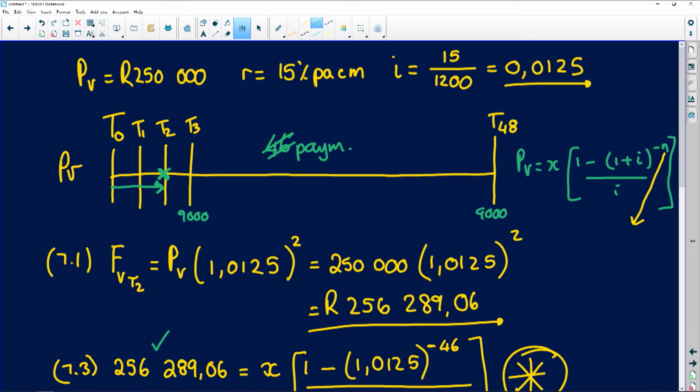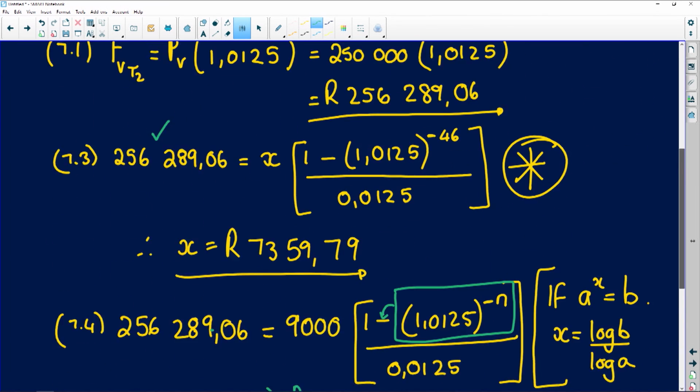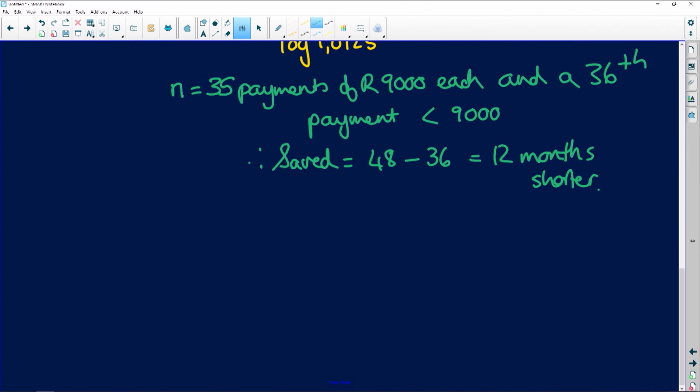This 36 or 46 is now 12 less in terms of the number of payments. Okay, so that will give us 34 payments made in the annuity of 9,000 Rand each. And then we go one further. So our final payment, the Y value, I'm going to call it Y.